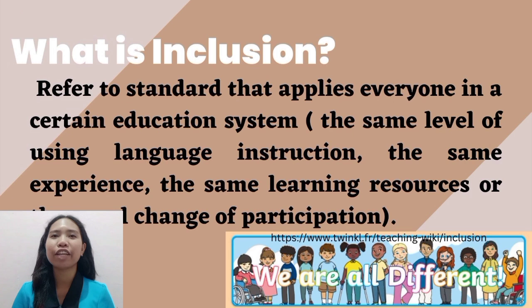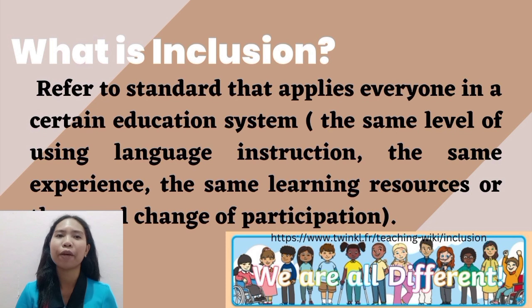Since we would need to have an inclusive classroom, let us define inclusion. So inclusion refers to a standard that applies to everyone in a certain education system: the same level of language instruction, the same experience, the same learning resources, or the equal chance of participation.